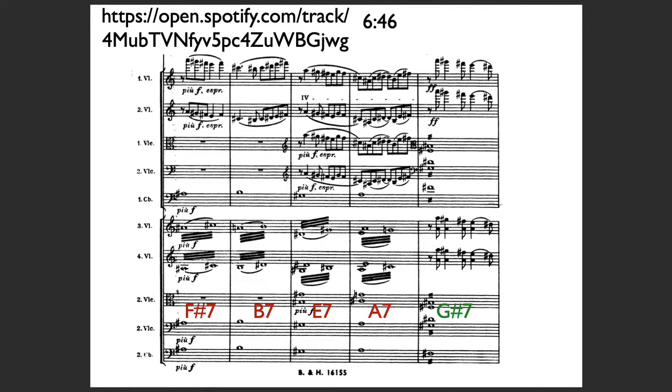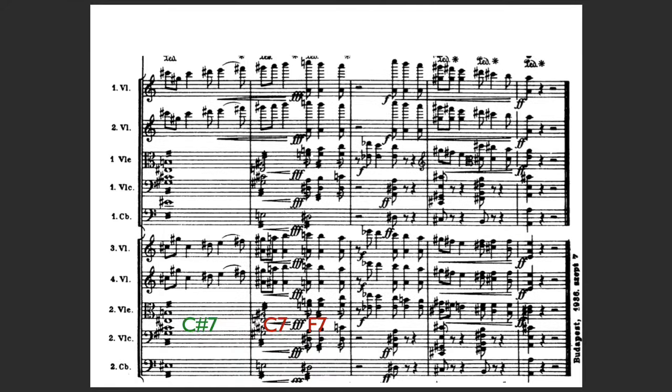Here's the tritone substitution. And back.